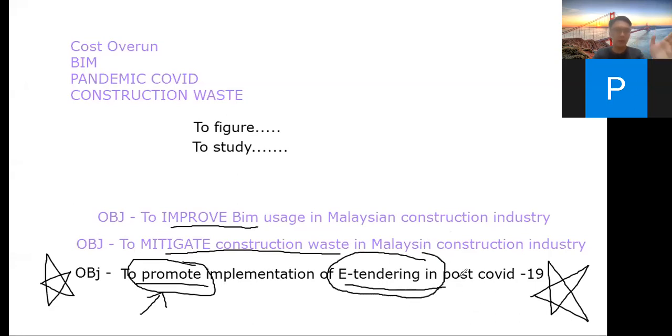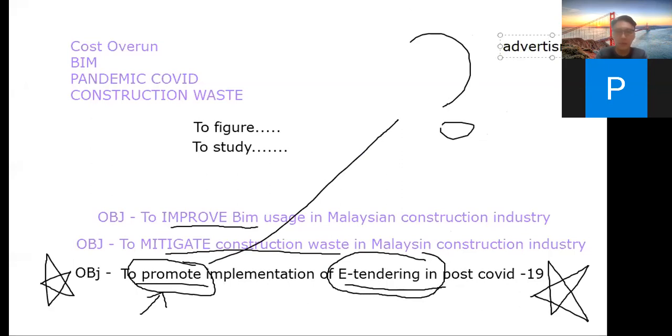You as a marketing person, how can you promote this software? You should create advertisement. To achieve your objective to promote e-tendering, you should create advertisement. Do you create advertisement?